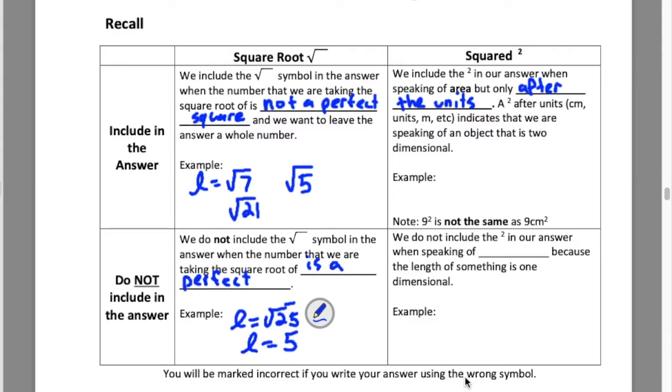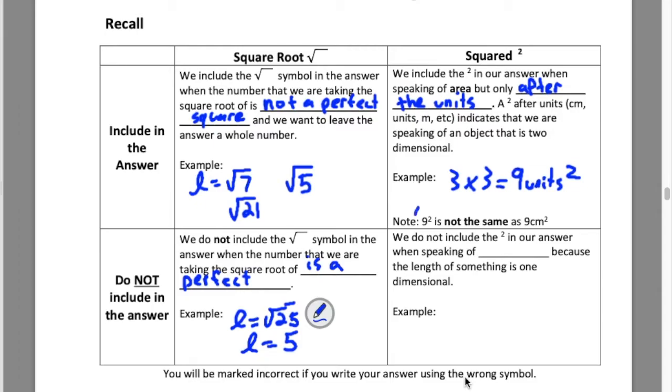The units could be centimeters, just the word unit, meters, any unit of measurement, and it indicates that we are speaking of an object that is two-dimensional, or we're talking about the area. Okay, so an example would be if we had a square that had side lengths of 3, 3 times 3, we would say that the answer is 9 units squared.